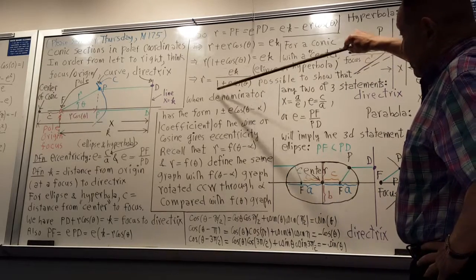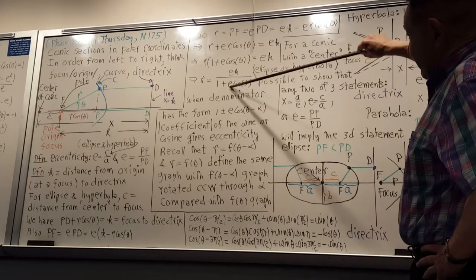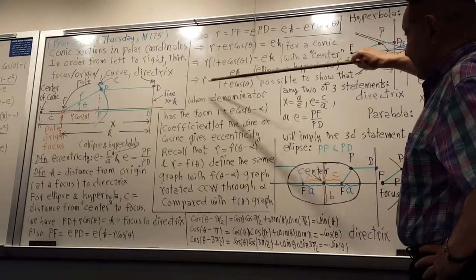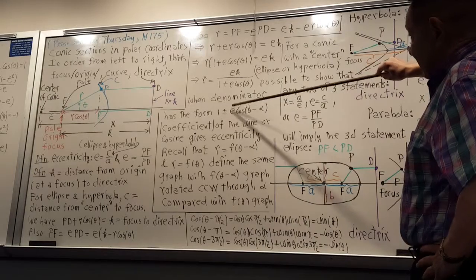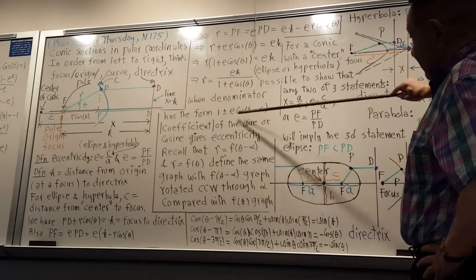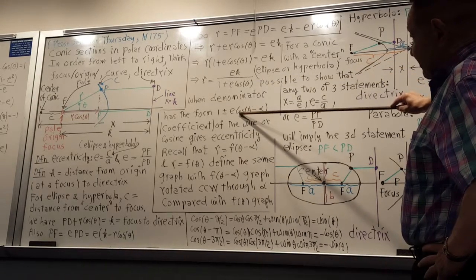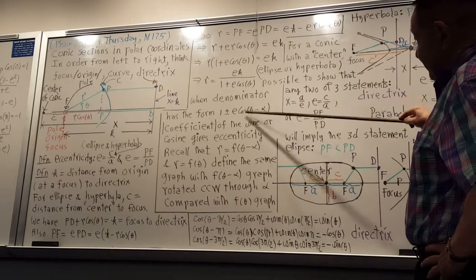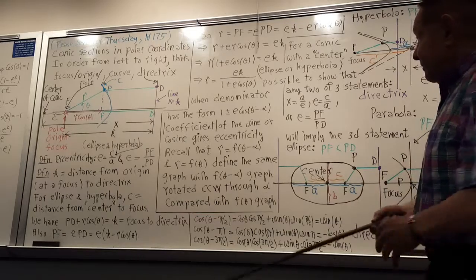So the denominator, to read the eccentricity, has to be in the form 1 plus or minus the coefficient. And you see you can rotate through an angle alpha by changing theta into theta minus alpha.